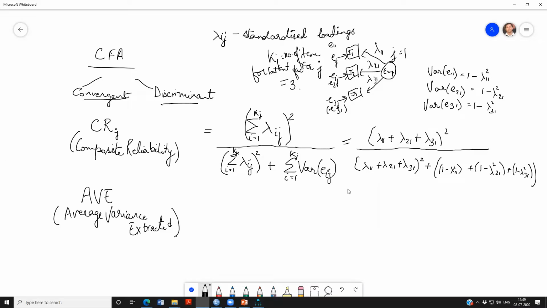So this is the formula for composite reliability for latent factor 1.